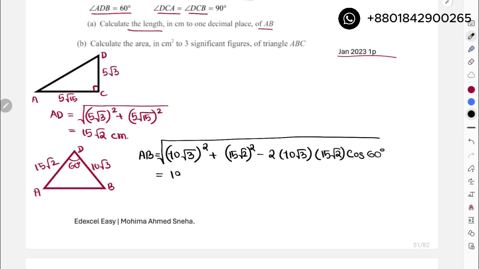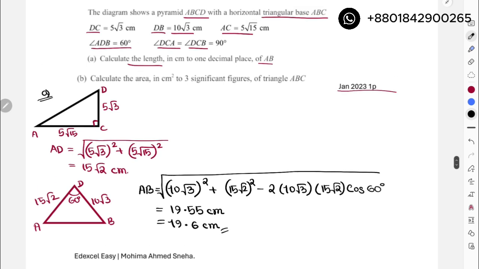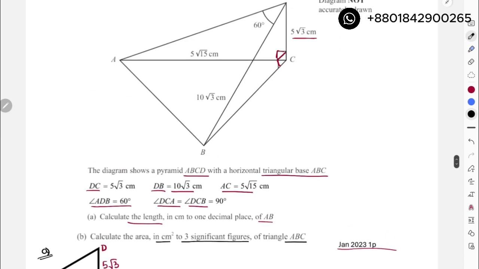So 19.55 is a continuous value actually, but to one decimal place the final answer is 19.6 centimeters, right? So this is your value for the length AB. Now they're asking to calculate the area in centimeters squared, to three significant figures, for the triangle ABC. That means for the base they're asking.